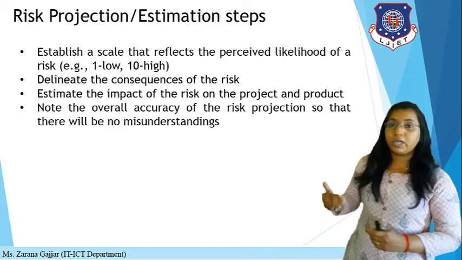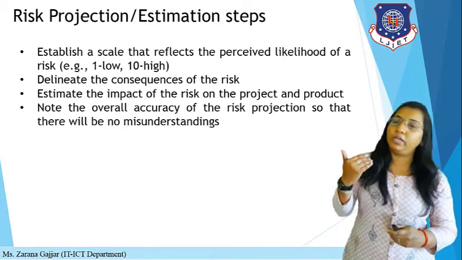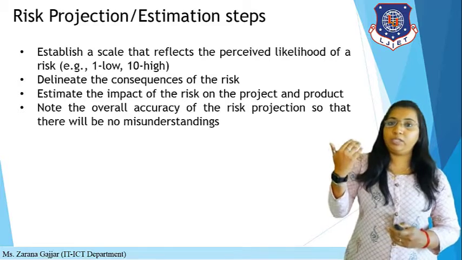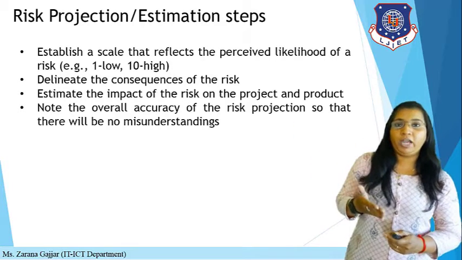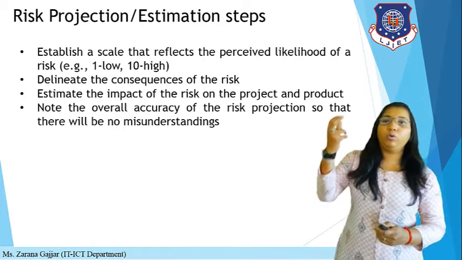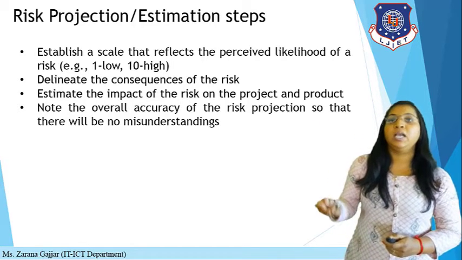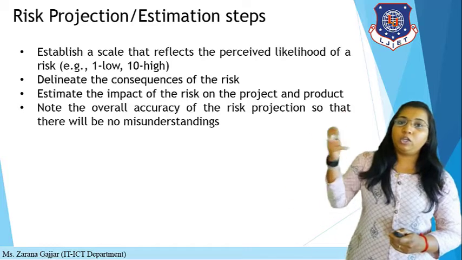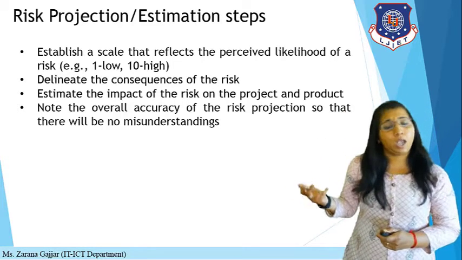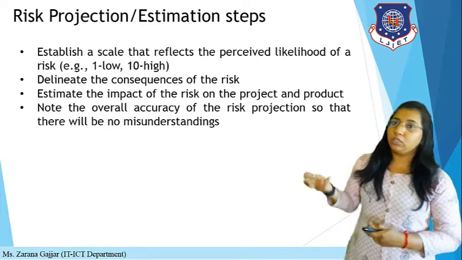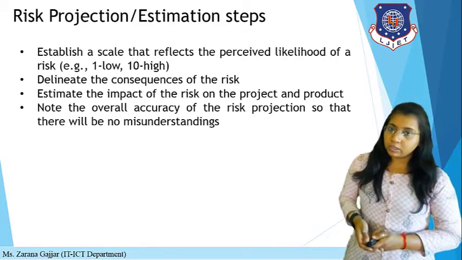So these are the four steps that you have to follow for risk projection. First, establish a scale from 1 to 10. Then define the consequences of the risk. Then estimate the impact of the risk and the overall accuracy of the risk projection to avoid misunderstanding. These are the estimation steps.